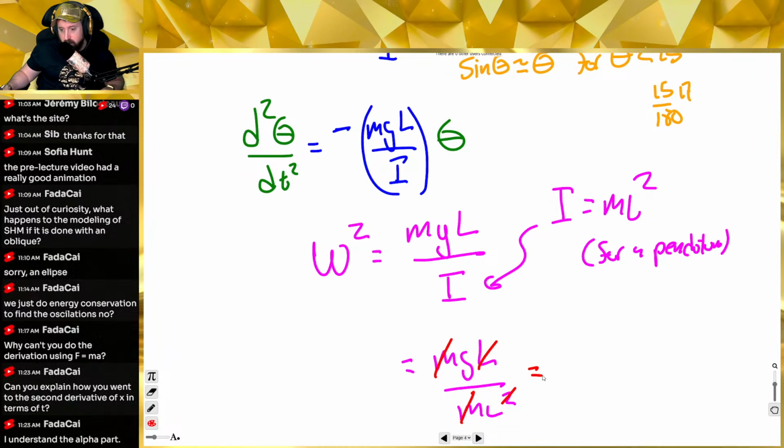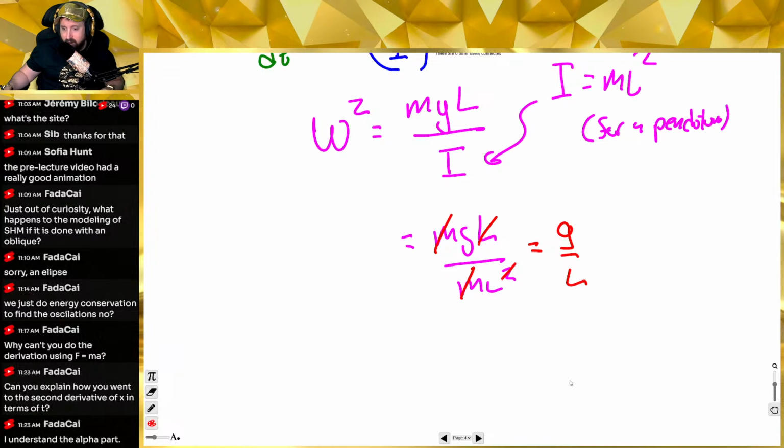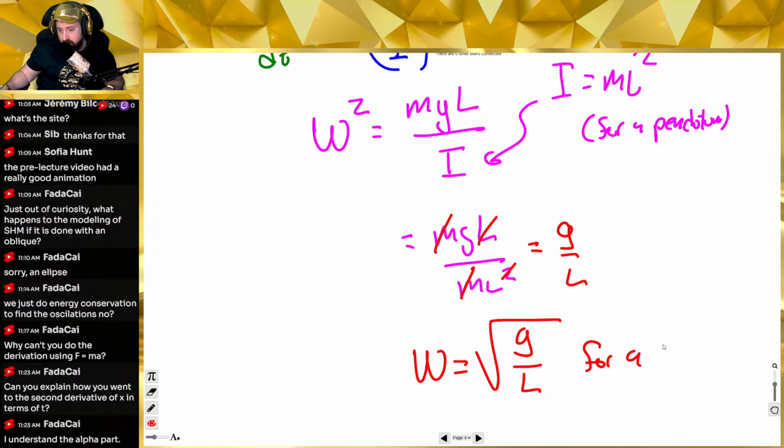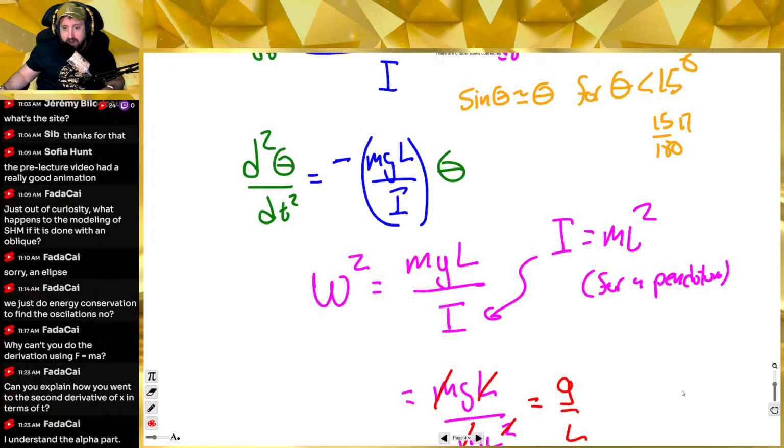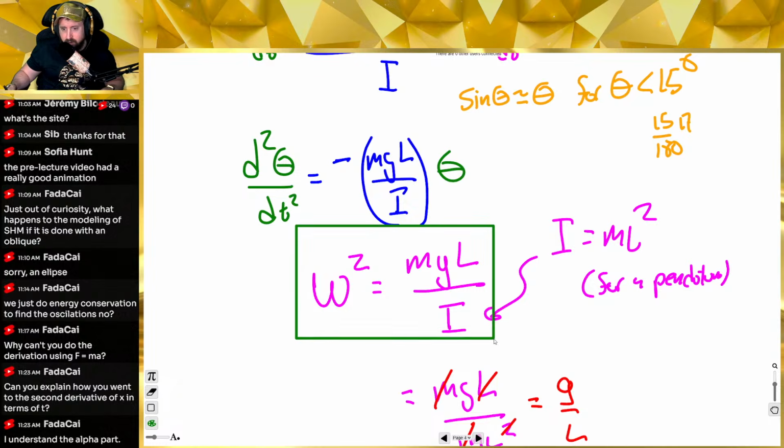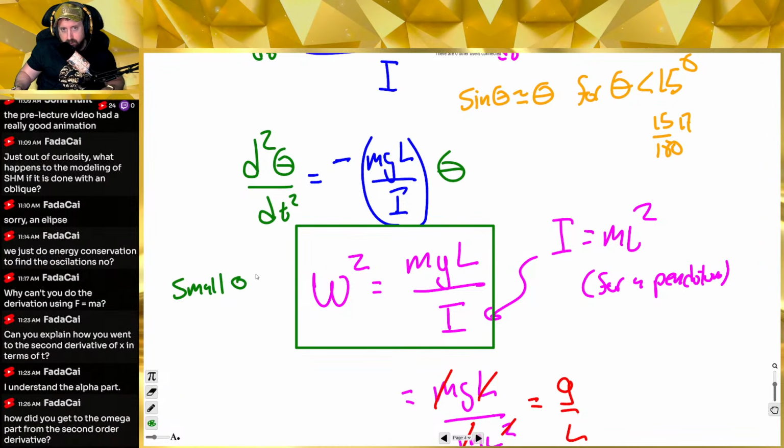One of the L's cancel. And you get g over L. And this is a very common thing, well known, that you should know, which is that omega is equal to the square root of g over L for a simple pendulum. This equation here is called the small oscillations.